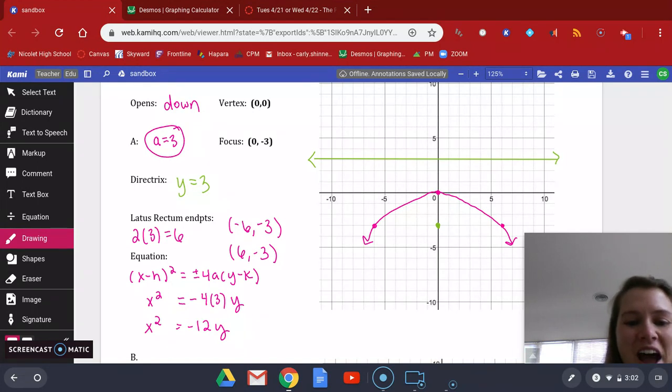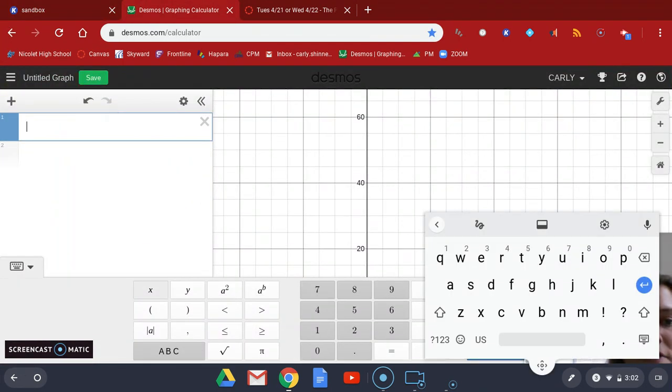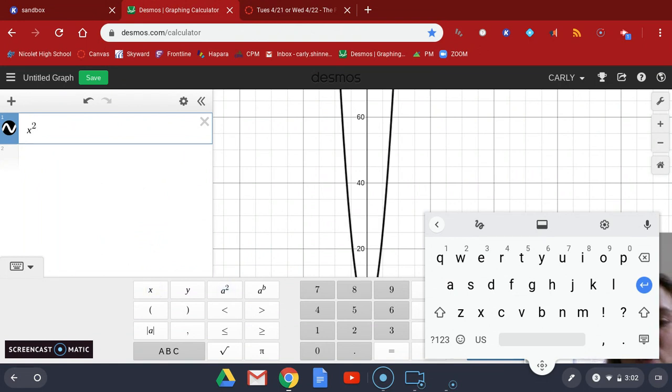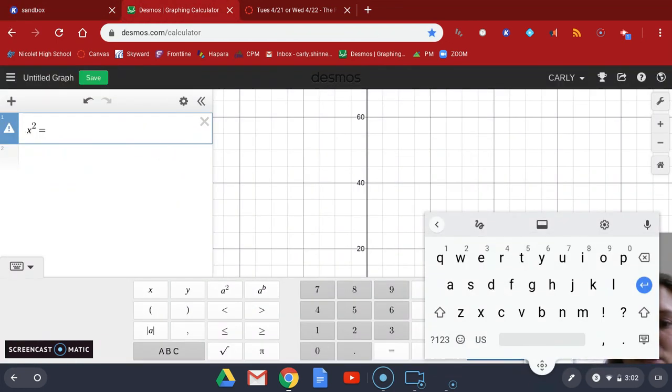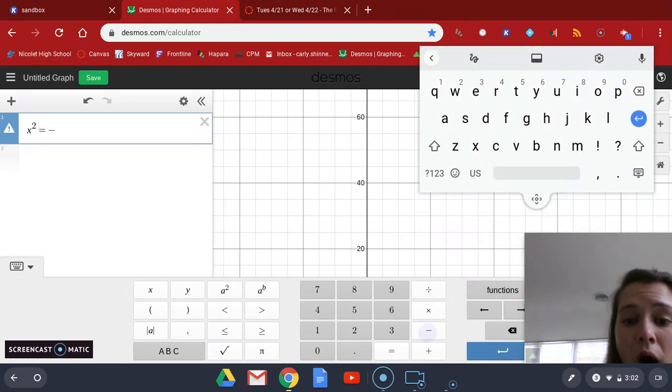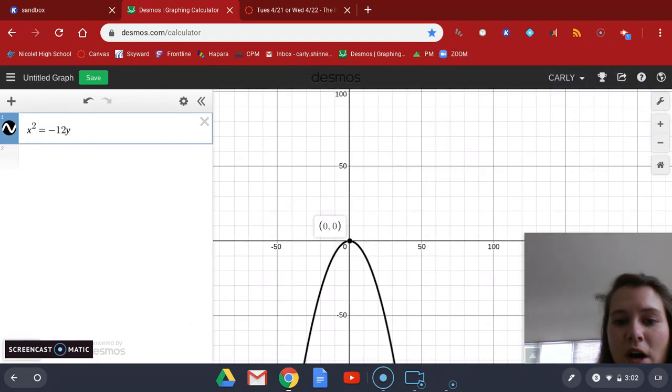All right. So the cool thing is, I haven't mentioned this yet, but obviously you guys know you can always plot any of these right into your Desmos. It is even, I think, easier than your graphing calculators because you don't have to solve it for y, and you can just plot this right in there and make sure that the parabola it graphs matches up with what we see.